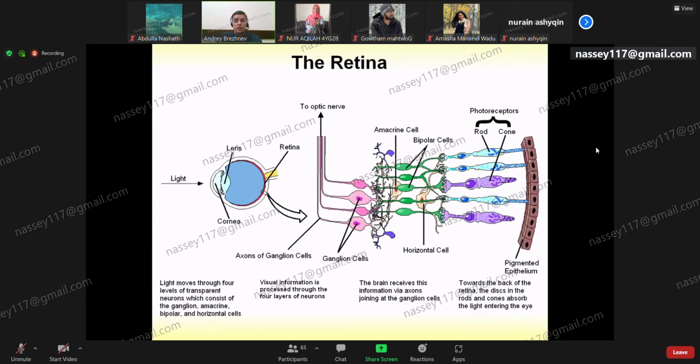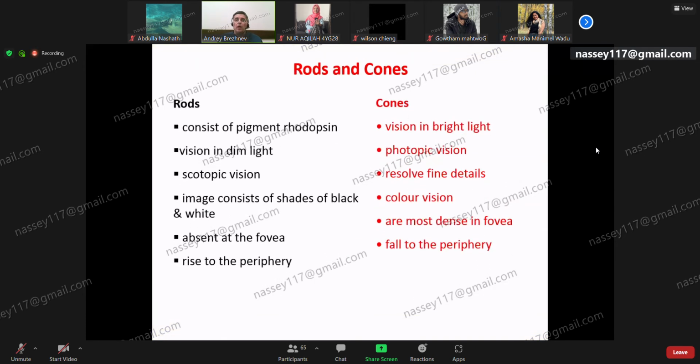The density of the rods and cones varies in different parts of the retina. The rods are absent at the fovea, rising rapidly in number towards the periphery. The cones, on the other hand, are most dense at the fovea, and their numbers decrease at the periphery.